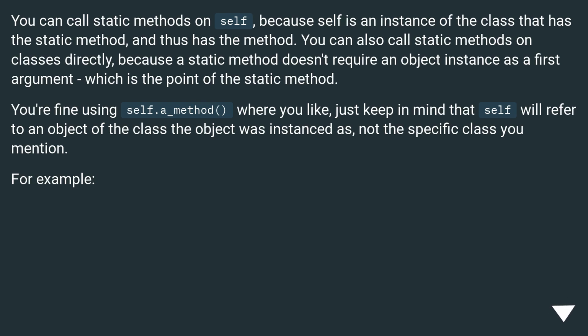You're fine using self.a_method where you like, just keep in mind that self will refer to an object of the class the object was instanced as, not the specific class you mention.